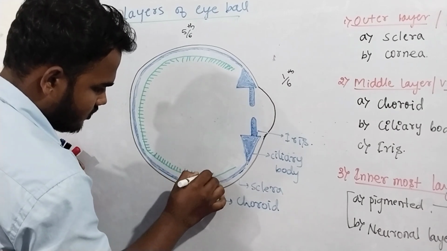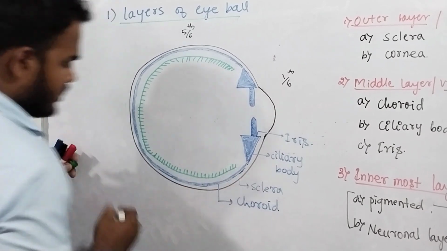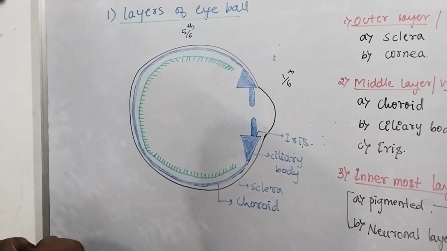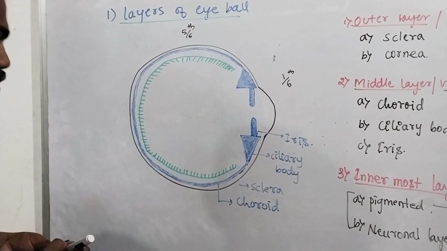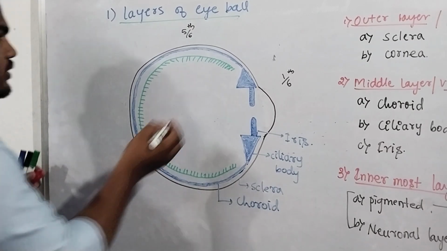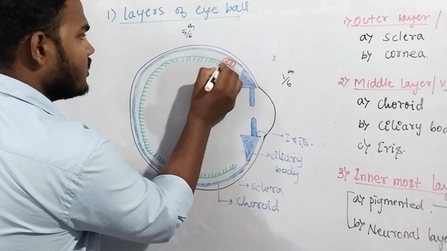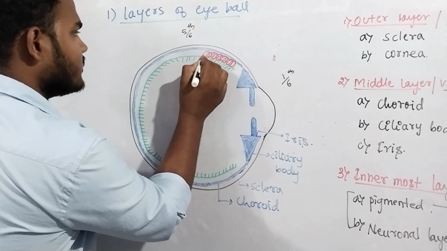Okay, it is a neuronal layer. Next, below, in the posterior or outer part to the neuronal layer, there is a pigmented layer.